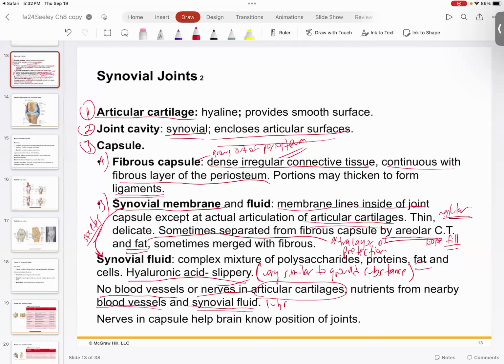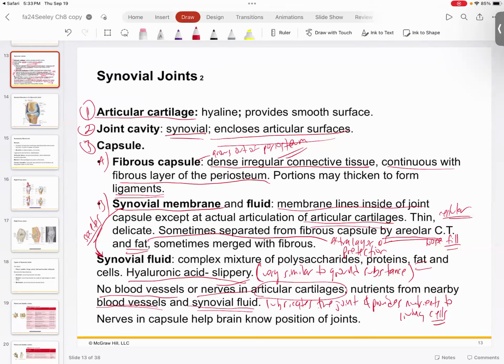Basically lubricates the joint, and provides nutrients to the living cells. So without that, those cells wouldn't have any nutrients, and basically you wouldn't have the structure of the joint quite the way we have it.